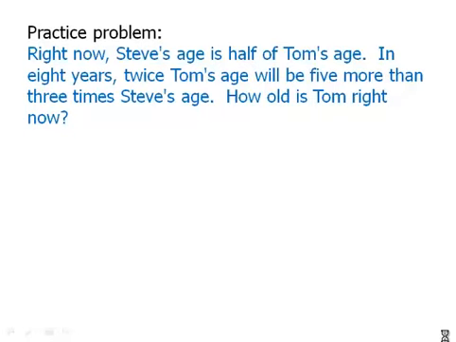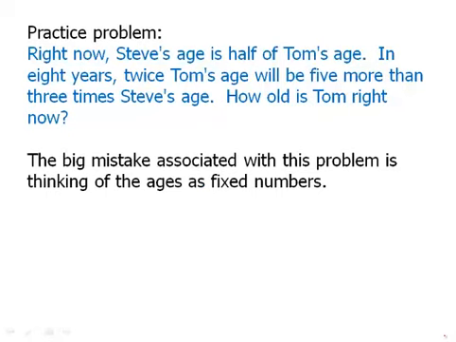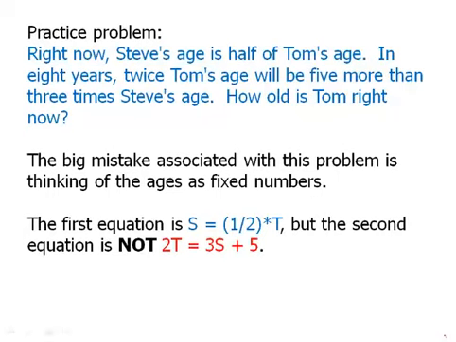What I'm going to say about this is the big mistake associated with this problem is thinking of the ages as a fixed number. People get very sloppy and say, okay, S is Steve's age and T is Tom's age. Well, for that first equation, we can certainly say Steve's age is half of Tom's: S equals 1/2 T. But for the second equation, we cannot just say 2T equals 3S plus 5.